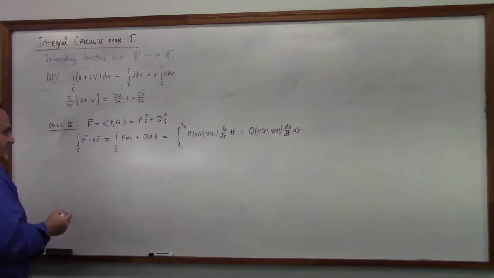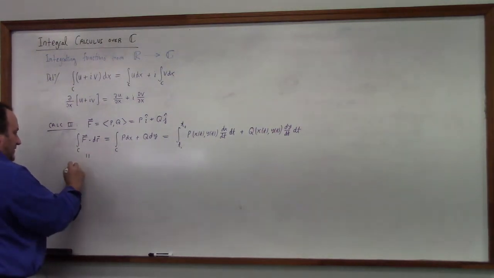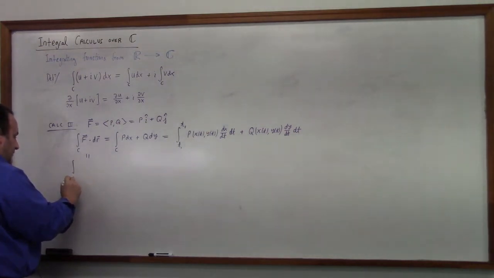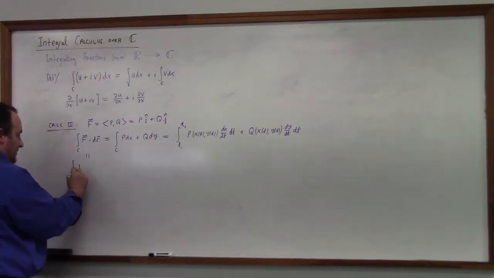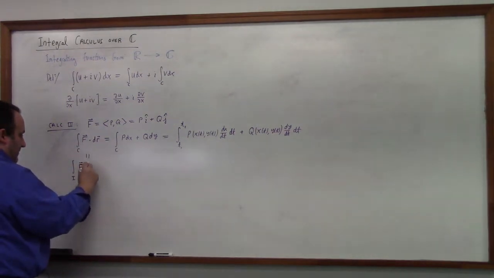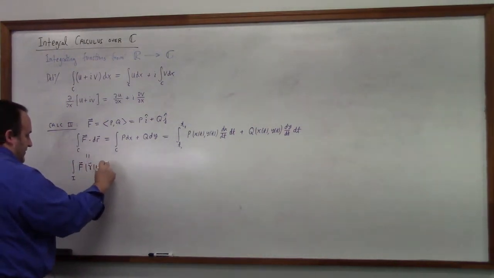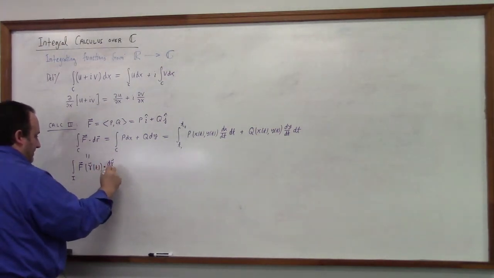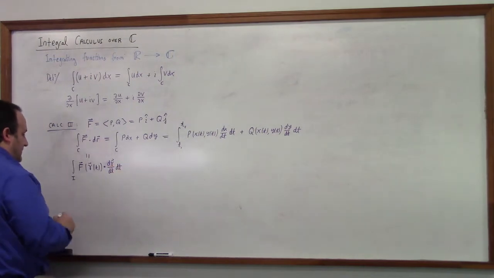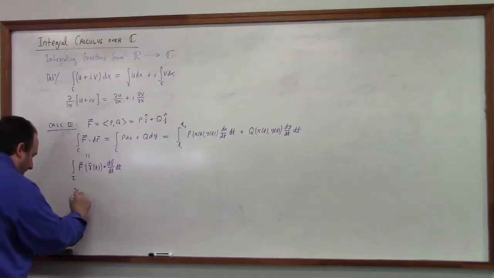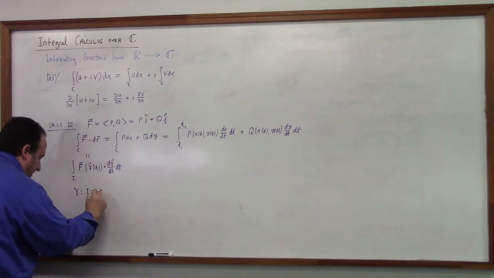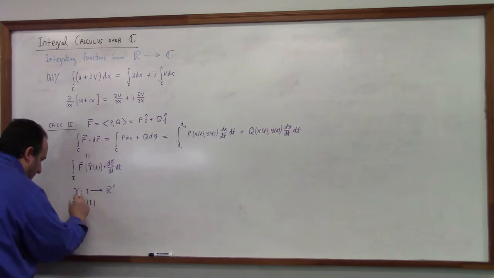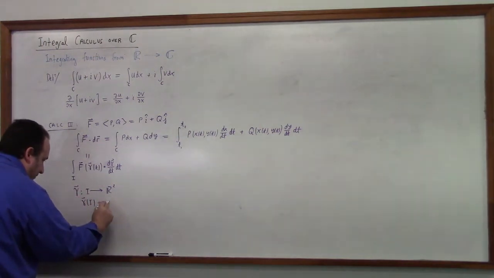Or more elegantly, you could just say it's the integral over the domain of the parametrization of F of gamma of t dot product with d gamma/dt dt, right? Here gamma is a parametrization where the image of gamma is equal to the curve we're talking about.